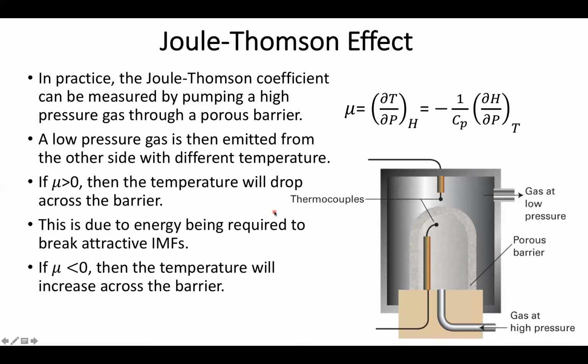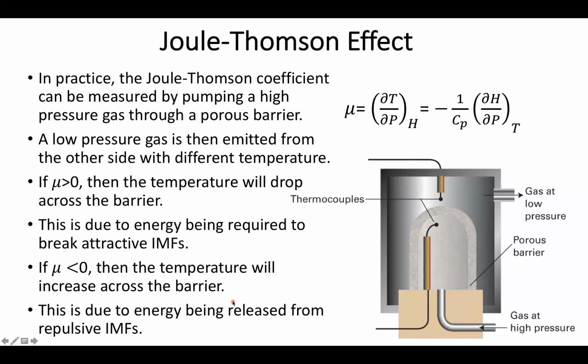In comparison, sometimes you're going to be pumping a gas through at high pressure, and you're going to see an increase in temperature. So a negative change in pressure, a positive change in temperature, thus a negative Joule-Thomson coefficient. This negative Joule-Thomson coefficient represents an increase in temperature, and this is going to be due to repulsive intermolecular forces.